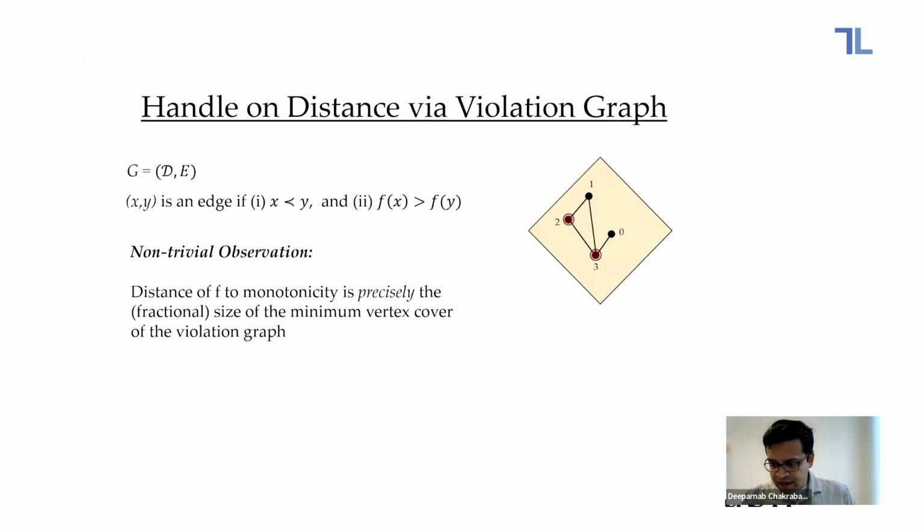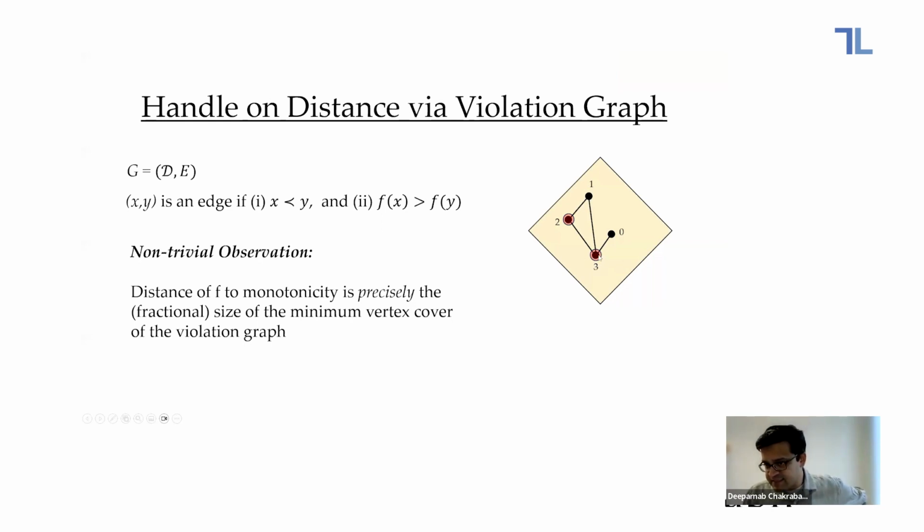I'll not spend too much time on it, but the main reason this is true is that if you give me any vertex cover, for example this one in the picture, then I can find a function g which changes the function only on these pink points and makes it monotone. It looks at the smallest pink vertex, smallest in the partial order sense.